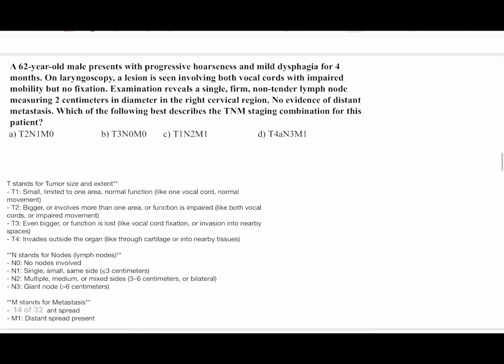Next question is related to TNM staging. A 62-year-old male presents with progressive hoarseness, mild dysphagia for 4 months. Laryngoscopy shows lesions involving both vocal cords with impaired mobility but no fixation.